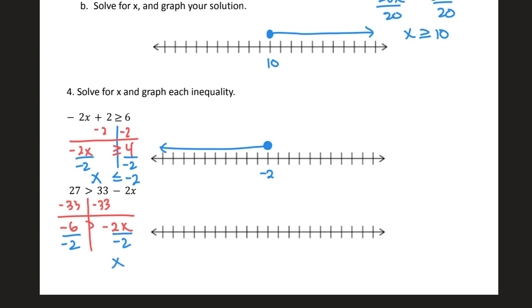So again, we divided by a negative, so we should flip our inequality, and -6 divided by -2 is just going to be +3. When we're graphing, we should rewrite it so x is on the left-hand side. So this is the same thing as saying x is greater than 3. You can read it backwards, x is greater than 3, and we can rewrite it where x is on the left-hand side. So now I'm going to put 3. We're going to use an open circle because we're not including 3, and that's going to be the area to the right.